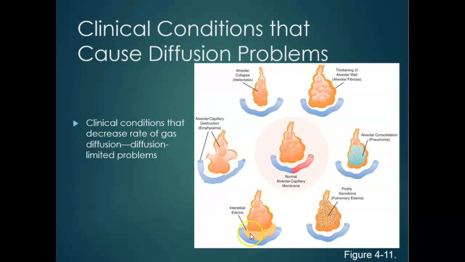And then interstitial edema. Sometimes with inflammation, interstitial edema, as seen in patients with adult respiratory distress syndrome or infant respiratory distress syndrome, could cause thickening of this interstitial space. Again, it's going to work just like alveolar wall thickness, and it's going to slow down the rate of diffusion.